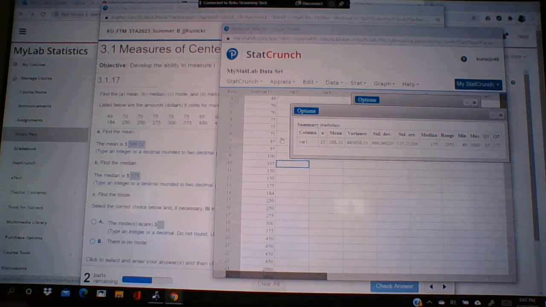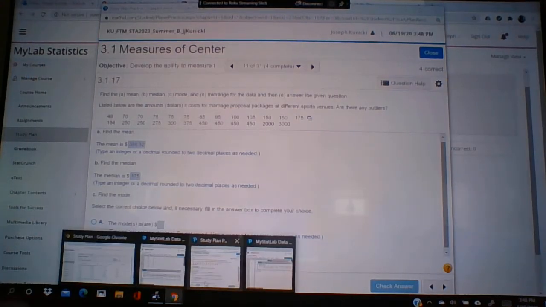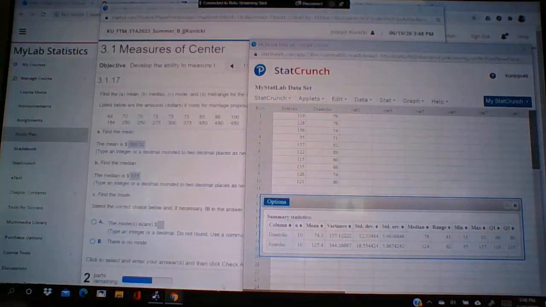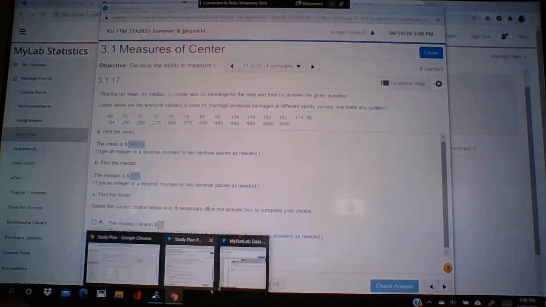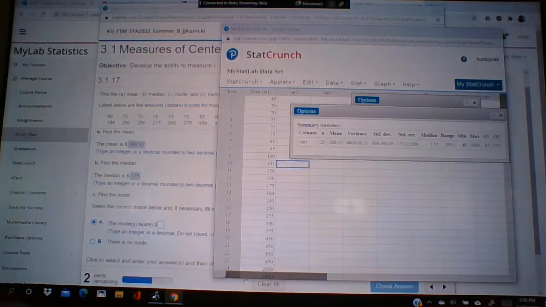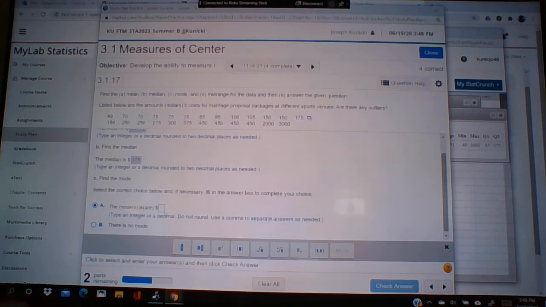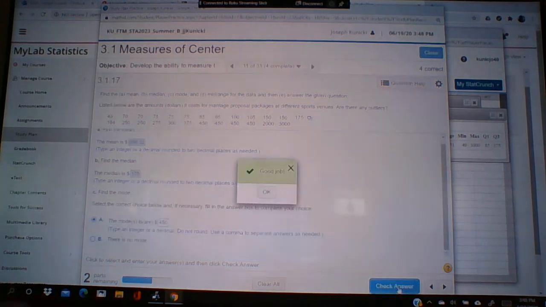So far, 75 appears 3 times, but 450 appears 4 times. Oops, my bad. So 450 appeared 4 times. So that's the mode, $450. Check answer. Good job.